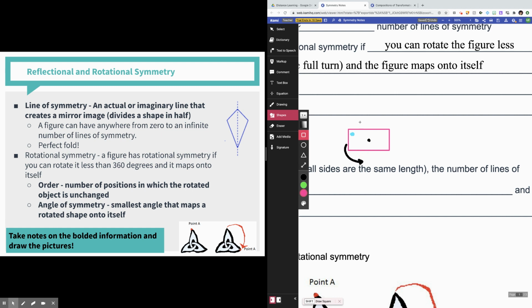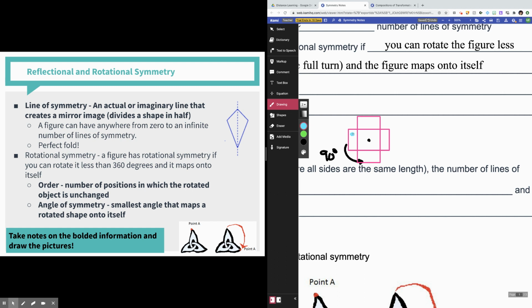Okay, so if I take this and rotate it around this black dot right here in the middle, it's going to look something like this. I rotated it 90 degrees counterclockwise.